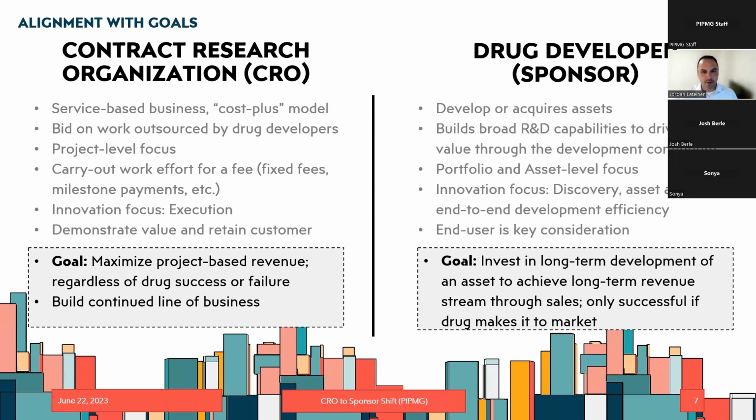But again, much broader focus, much longer-term goals. And the end user, whereas at the CRO the key person you're trying to keep on your side is going to be that sponsor, the sponsor is ultimately trying to develop products that meet the needs of patients, physicians, regulators, payers, advocates, and other individuals who are your key stakeholders.